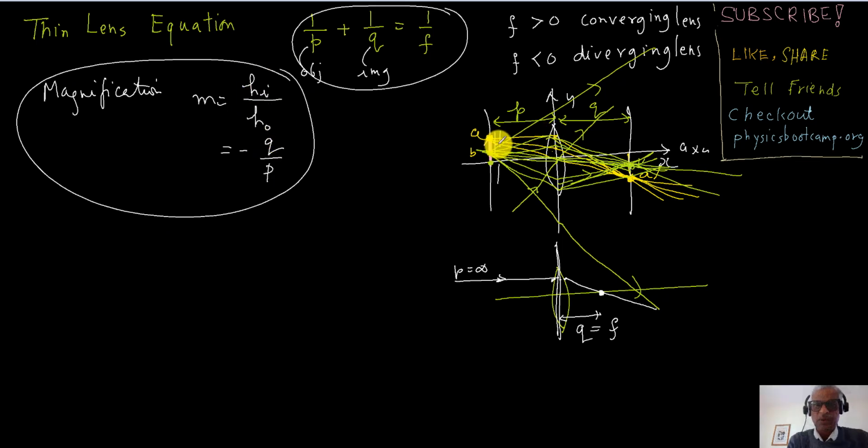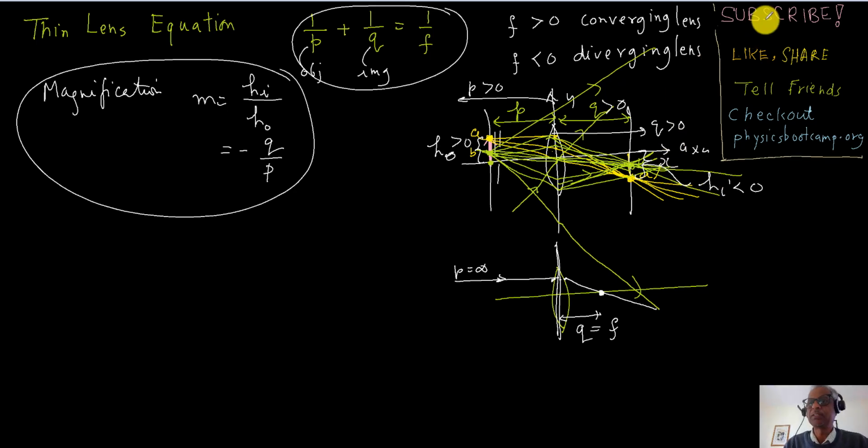You can say over here, if this is the height of the object and this is the height of the image, and q is greater than 0 this way, p is greater than 0 that way, then with this convention, I don't need to put a negative sign here; this will be signed properly. ho will be greater than 0, hi will be less than 0, as this formula will also say. All right, let's do a couple of numerical examples just to get a feel for this.